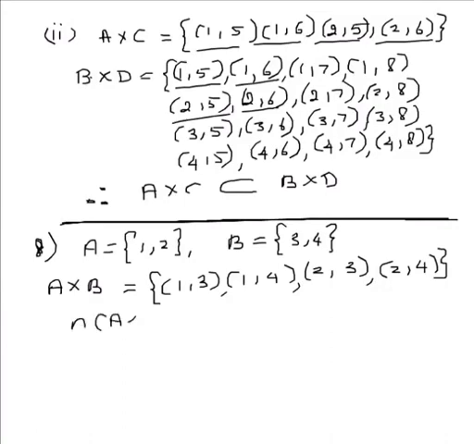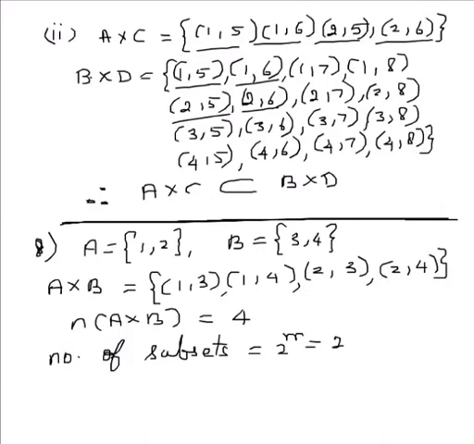So, the number of elements of A cross B is equal to 4. Therefore, the number of subsets is equal to, using that 2 power m formula, for 4 elements, 2 power 4, so 16 subsets can be written. We have to list them. Null set is a subset of every set, we know.